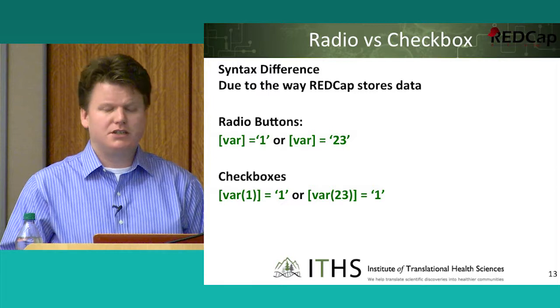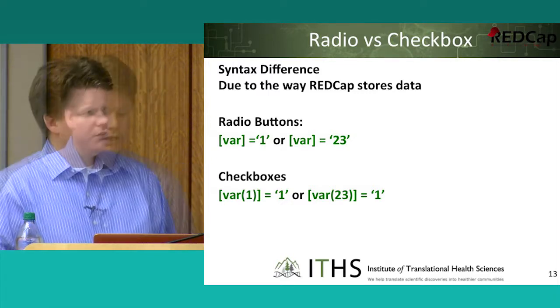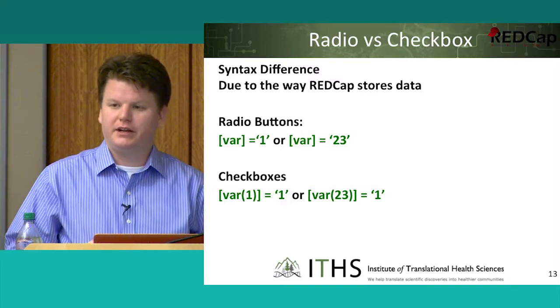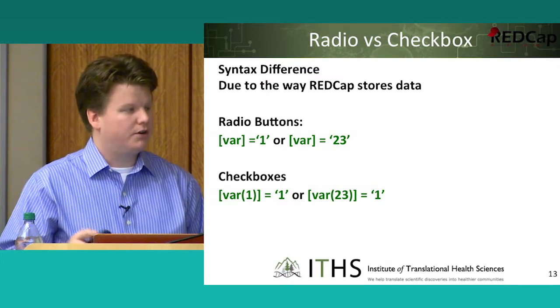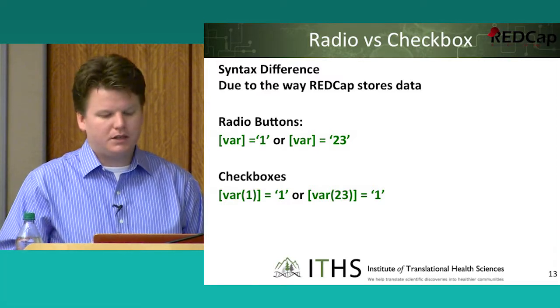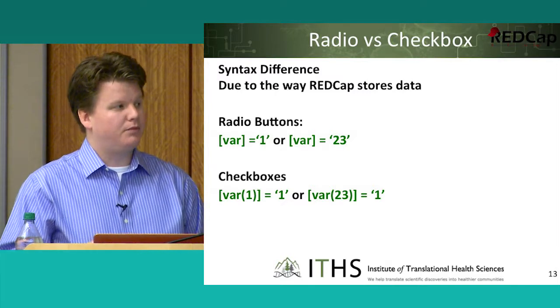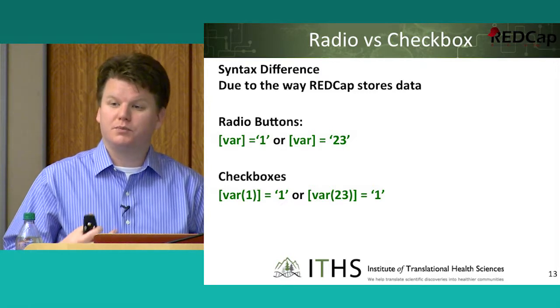For checkboxes, this is a little bit different because you can select multiple options in a checkbox. So you would need some way of defining whether that option in that checkbox is true, or checked, or unchecked. How REDCap does this is it takes the variable name and, behind the variable name, puts parentheses with the raw value for that specific option.